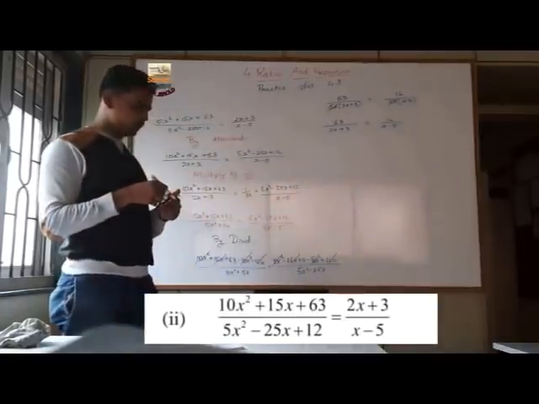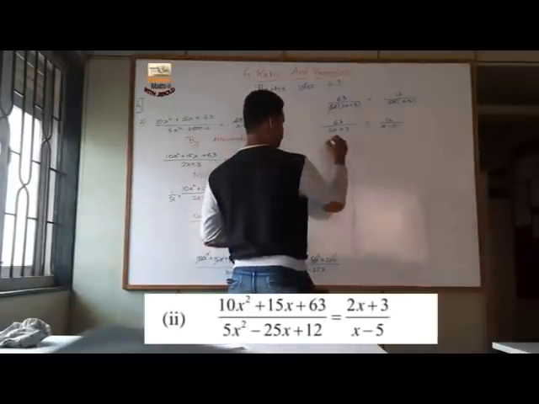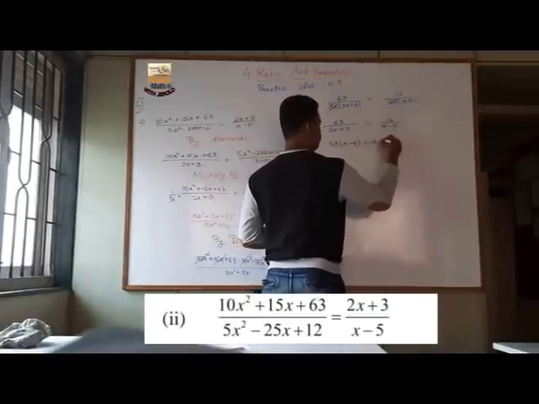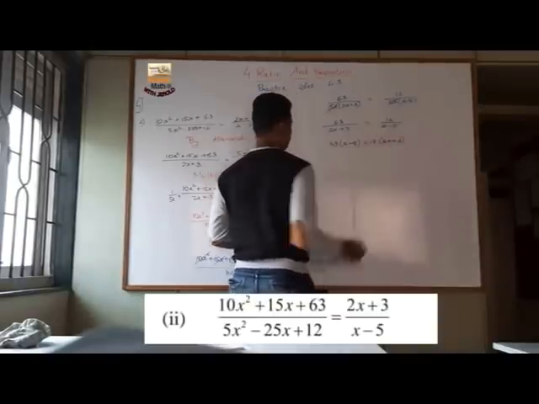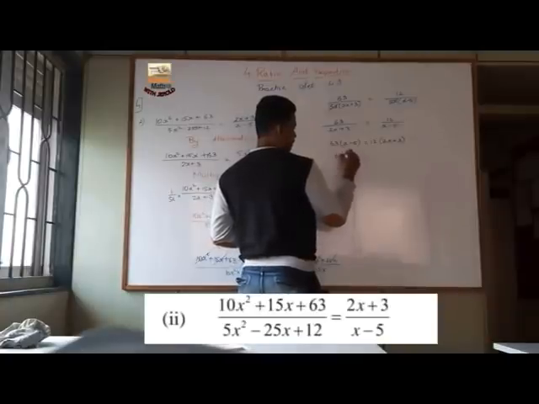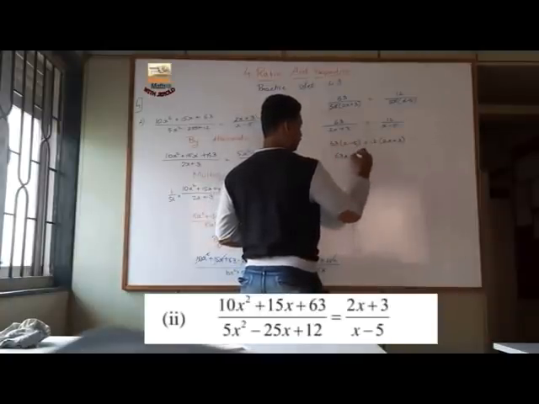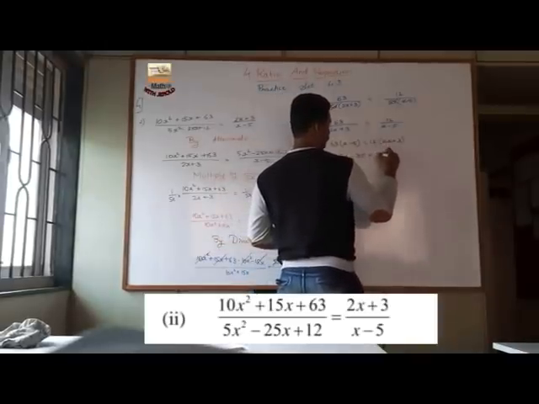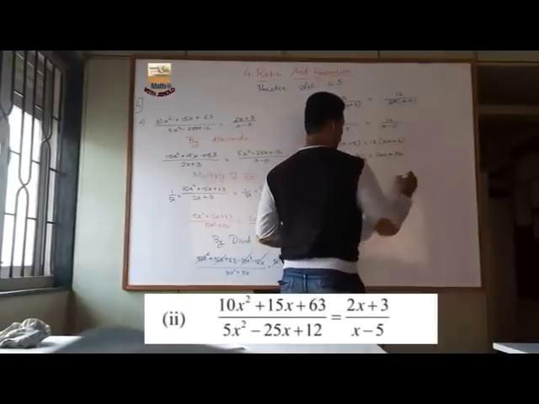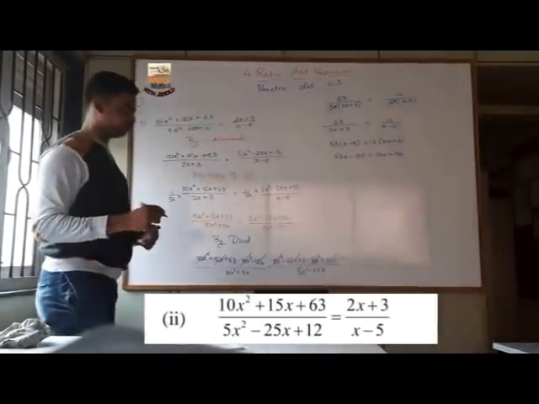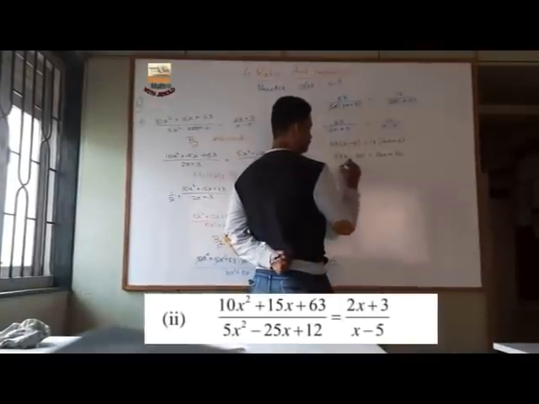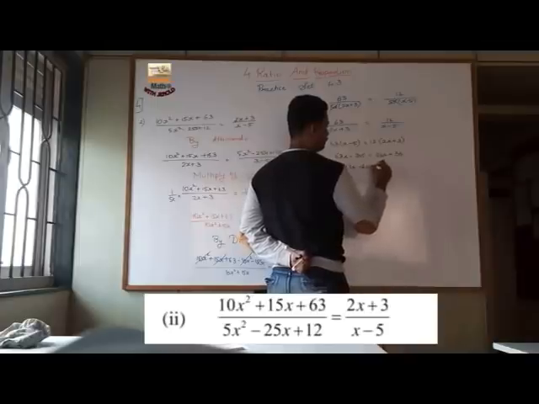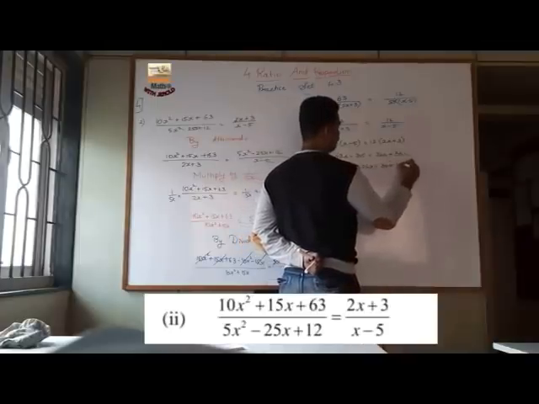By doing simple cross multiplication, we have 63 into x minus 5 and 12 into 2x plus 3. Calculating the numbers, 63x minus 63 into 5, I will get 315, is equal to 24x plus 36. Shifting the like terms together, I have 63x minus 24x is equal to 36 plus 315.